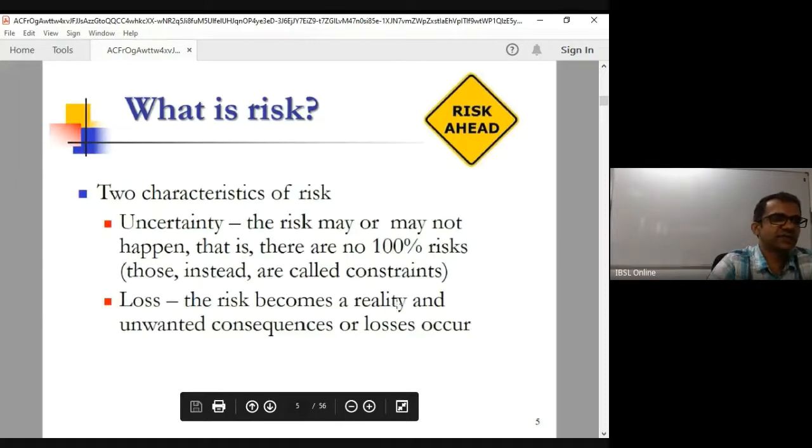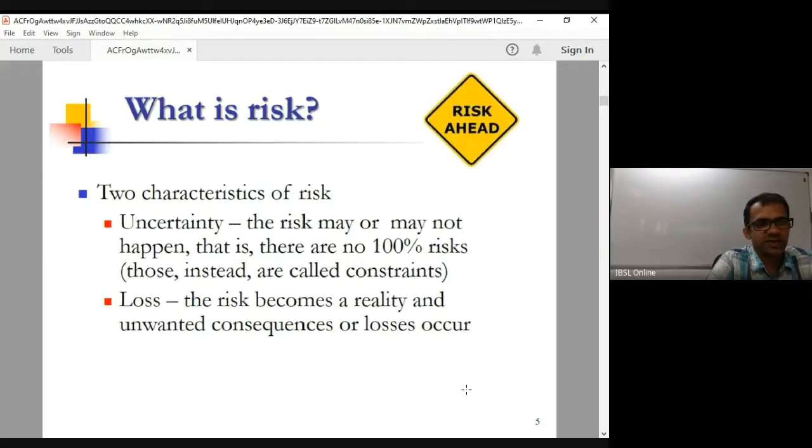The risk becomes a reality, and we have to face unwanted consequences that may lead to a loss. So that's the characteristics: the risk is uncertainty, and the result is a loss.